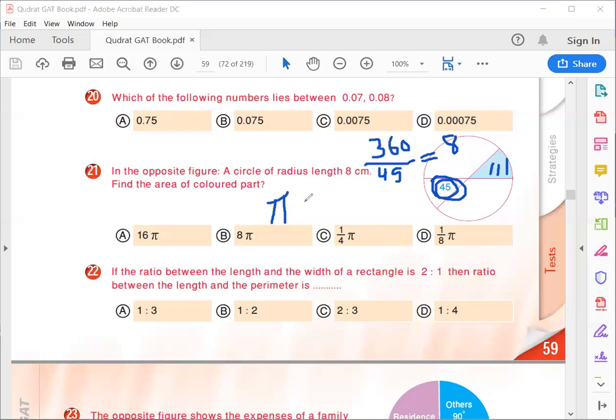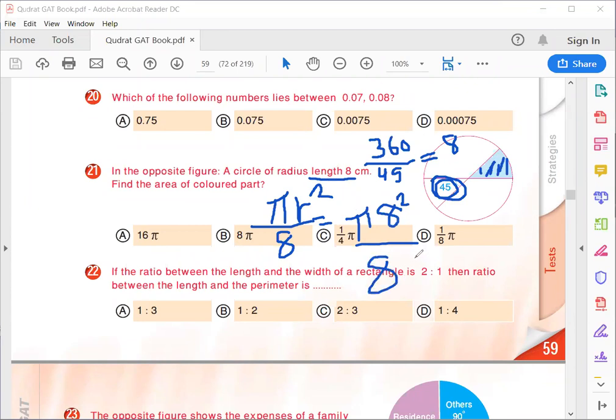The area of a circle is pi r squared. But I have here 1/8, so divided by 8. What is the radius? He said the radius is 8. So I put it as pi times 8 squared over 8.